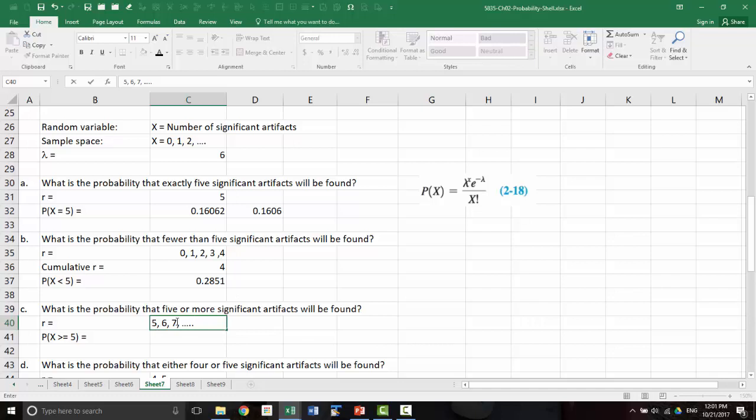That's infinitely many possibilities. So the only way we can get this probability is to find the probability on the opposite side and subtract that from 1. We already have that probability right here, the probability of 0 through 4. So 5 or more will be simply 1 minus that probability.